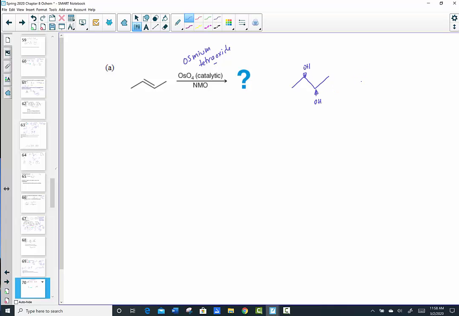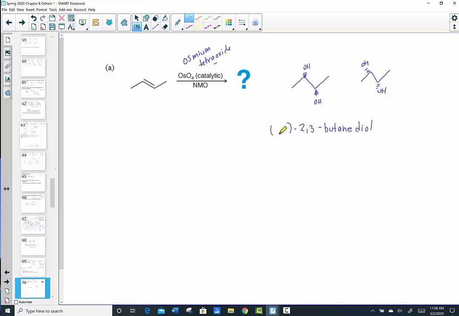Now, of course, I'm just emphasizing that you would have two enantiomers form in the syn addition, both be wedges or both be dashes. But a diol is produced. That is how you would write that.